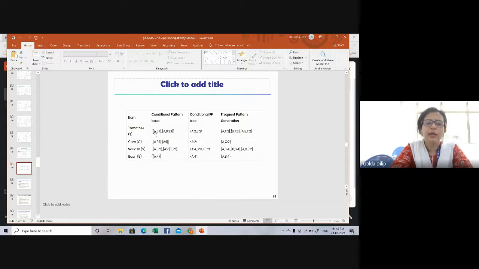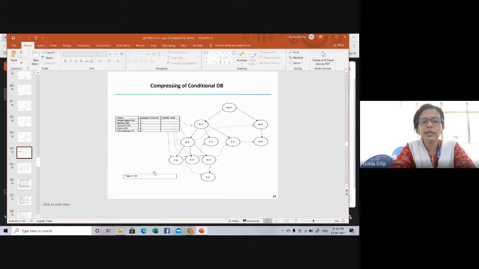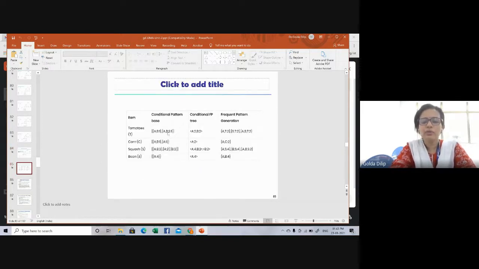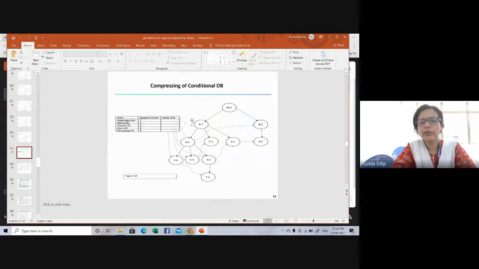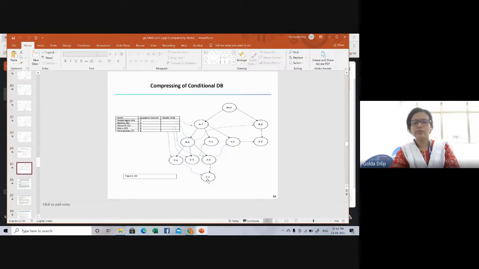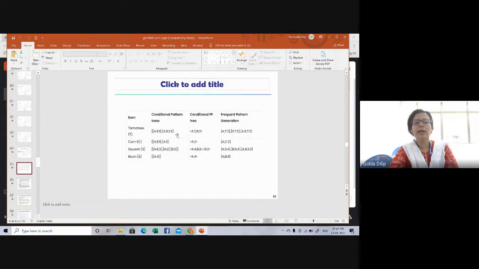And what is the count written against T? It is 1, so it is the same one that I write here. Which is the other path? The other path to reach T is A, B, S, and then you reach T. Here also count of T is 1. So that's what I have written here, the conditional pattern base.